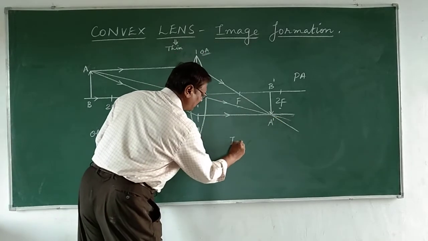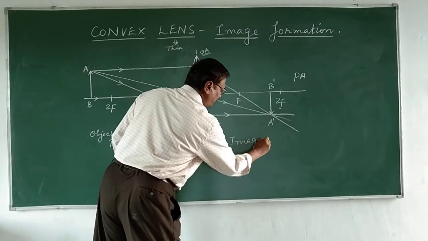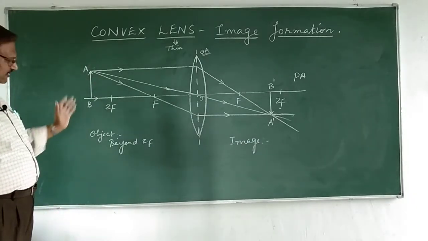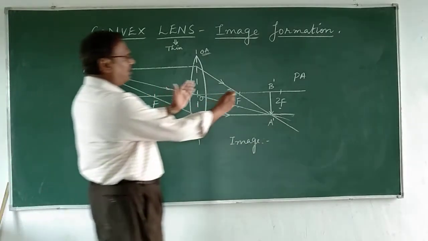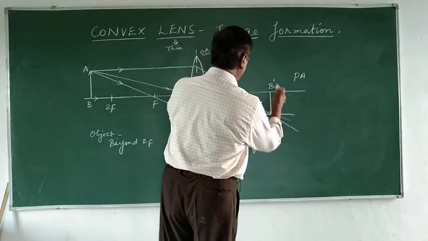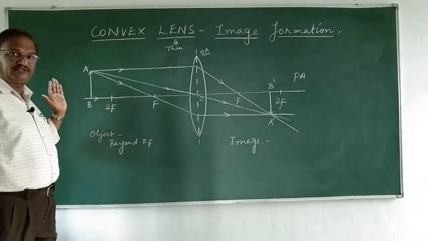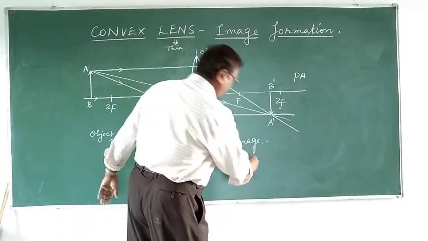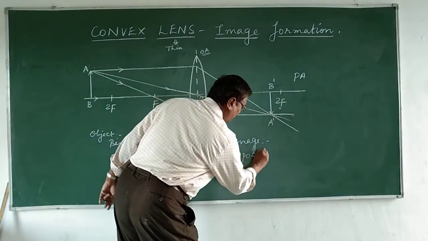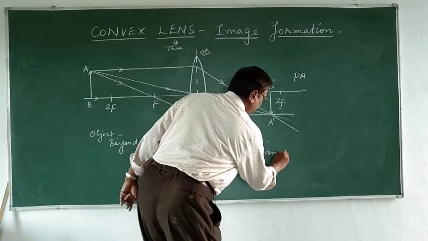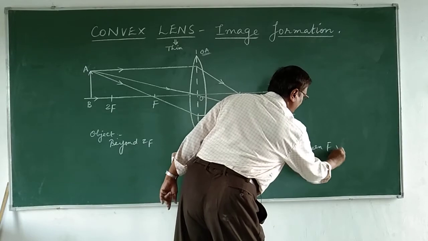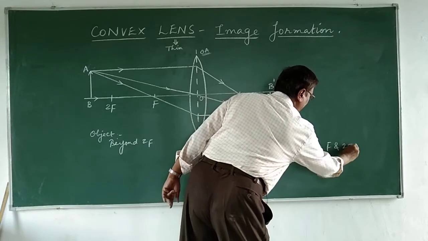So what is the nature of the image? If the object is placed beyond 2F, what is the nature of the image? Remember, not C, beyond 2F. The position of the image is between F and 2F.